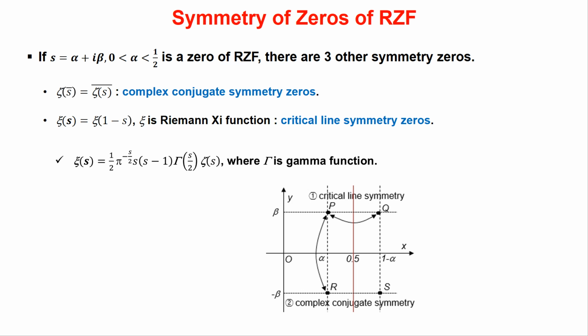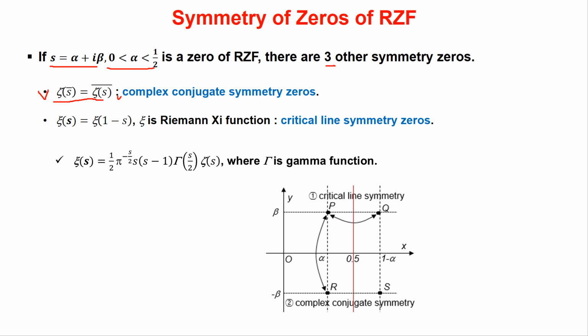Let's see the symmetry properties of zeros of the Riemann zeta function. If s is 0, and suppose alpha lies between 0 and 1/2, there are three other symmetry zeros. This relationship shows complex conjugate zeros.